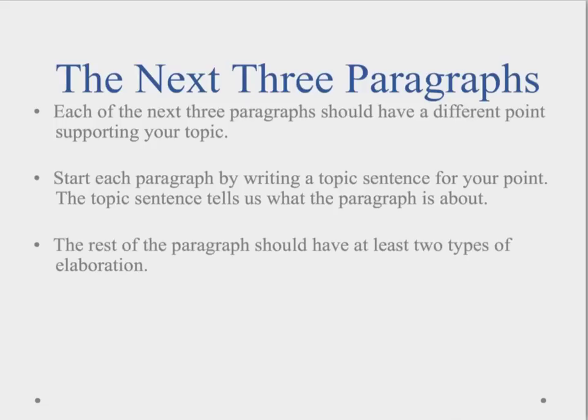Topic sentences are very important because they give you the point that the paragraph is about, and subsequently everything else is elaboration, talking about that point, giving evidence, giving examples, giving reasons. So the rest of the paragraph should have at least 2 types of elaboration, either reasons or examples or your personal experiences.